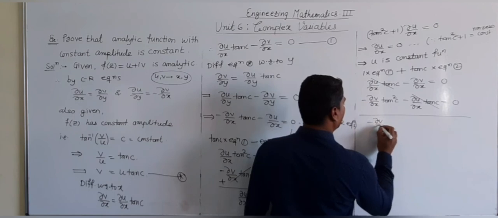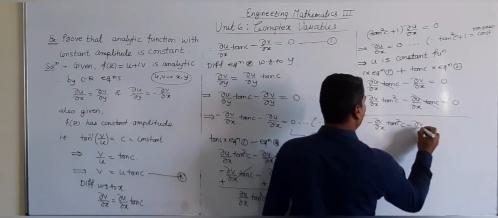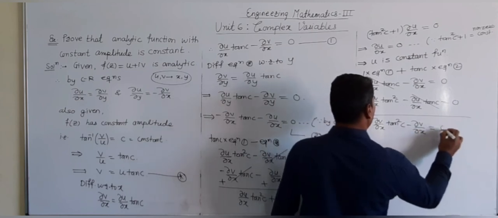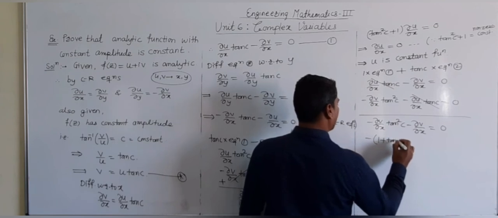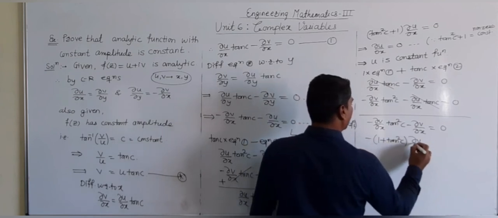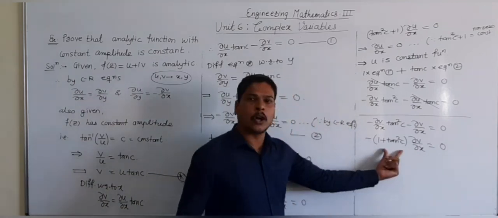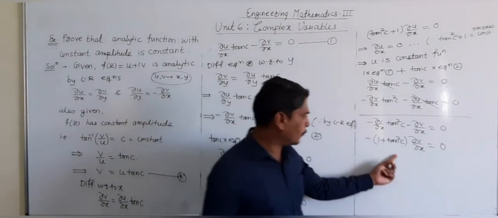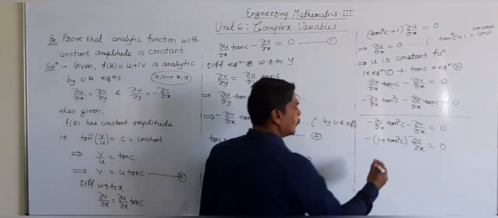So this term will get cancelled, and what is remaining? Partial derivative of phi with respect to x into tan square c minus partial derivative of phi with respect to x is equal to 0. So we get minus into bracket 1 plus tan square c into partial derivative of phi with respect to x is equal to 0. Now this bracket is a non-zero constant. So shift this toward the right side, we get 0 divided by non-zero constant, which is again 0.